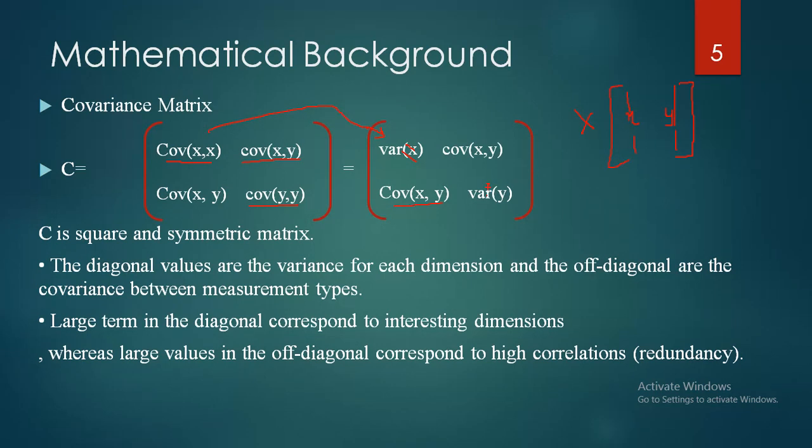So if the diagonal values are high, it means that particular dimension is very important or interesting. On the other hand, if the off diagonal value is high, it means this pair of variables is capturing much of the redundant data.